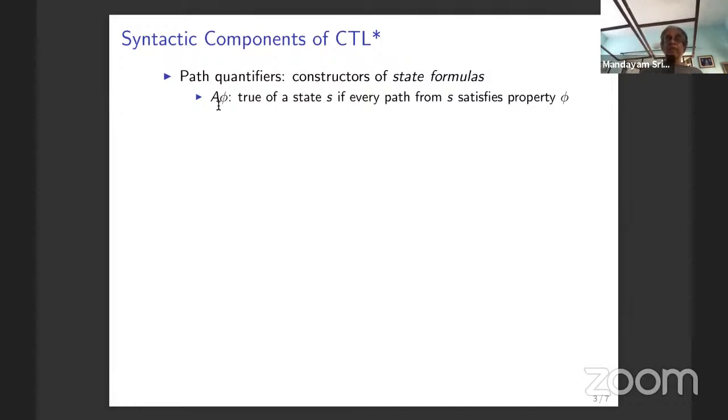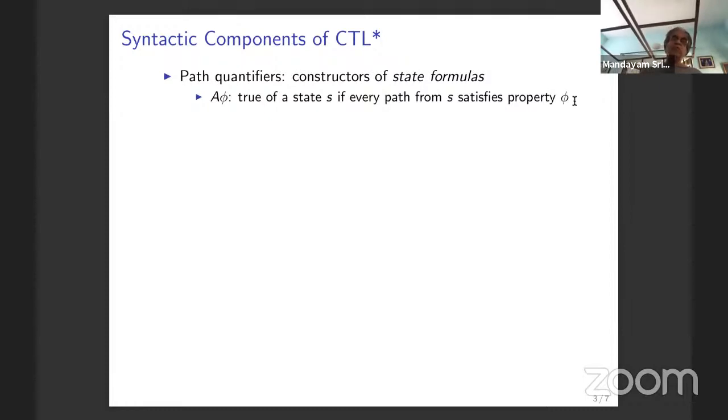If A is a universal path quantifier, and if phi is a path formula, we will introduce how to construct path formulas, then A phi is a state formula. It is true of a state S, informally, if every path originating from the state S satisfies the property phi, where phi is a path formula.